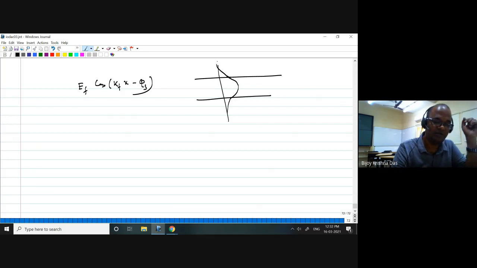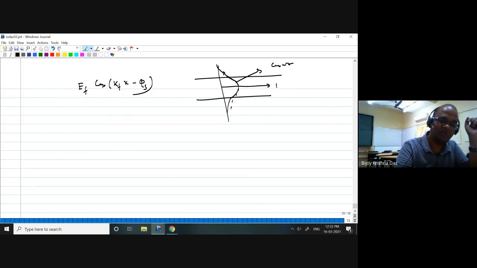So you have a field distribution like this, and on top of it, it will be varying like a cos omega t or sin omega t variation.